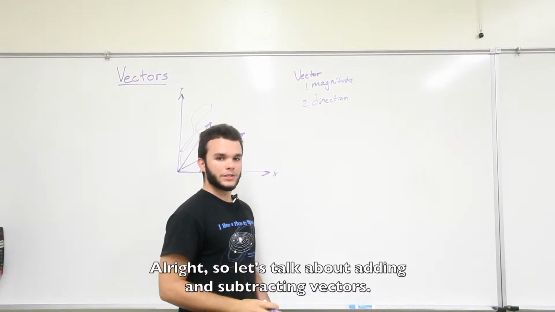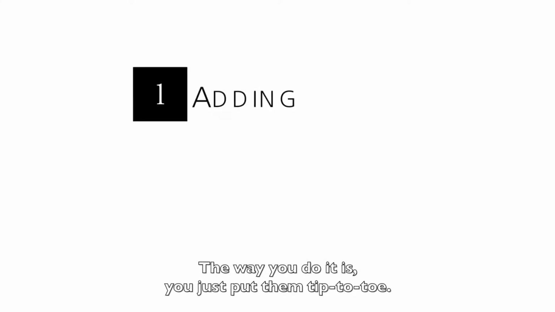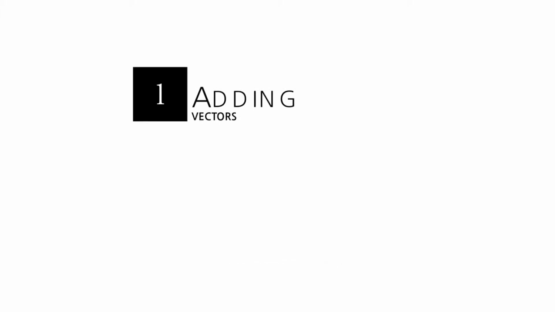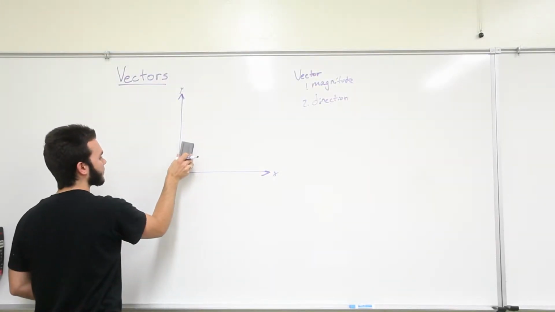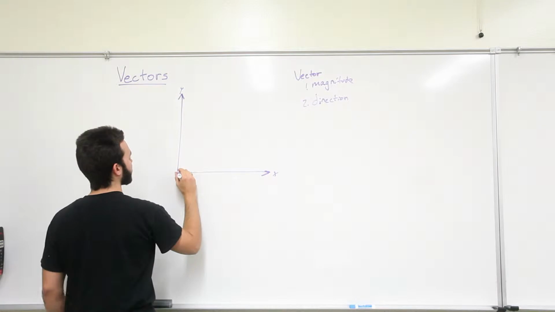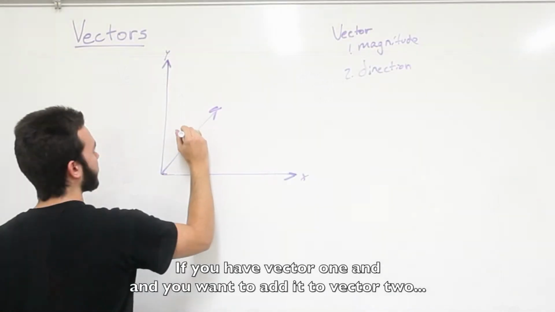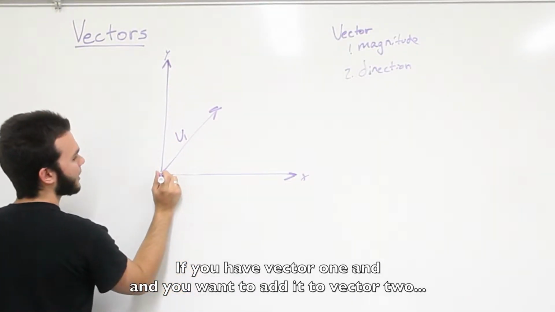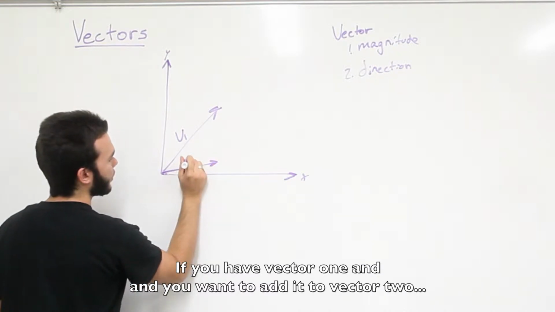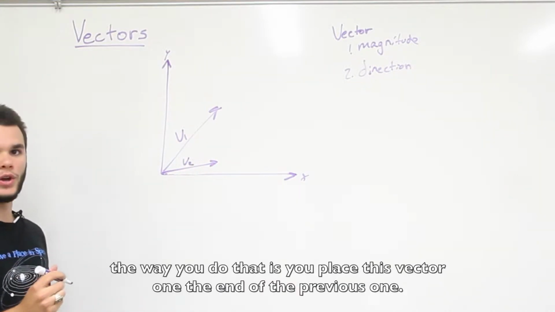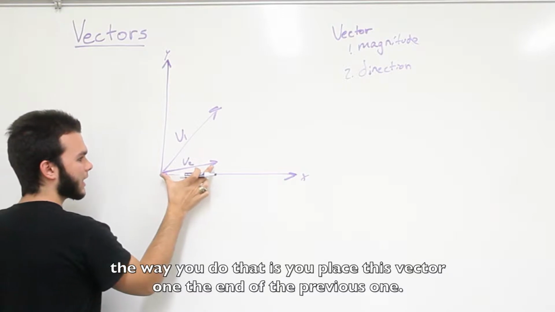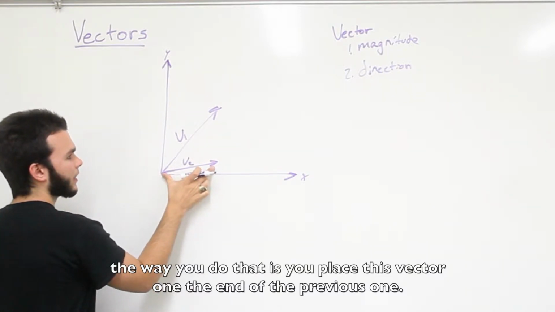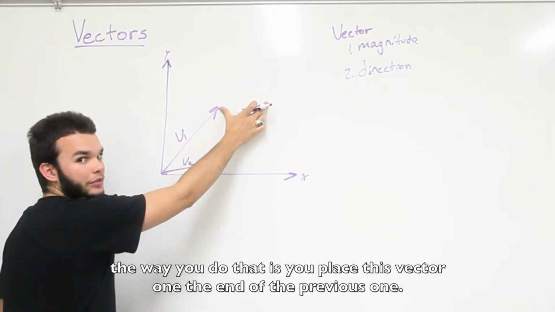All right. So let's talk about adding and subtracting vectors. The way you do it is you just put them tip to toe. That's how we call it. So if you have vector 1 and you want to add it to vector 2, you place this vector on the end of the previous one.